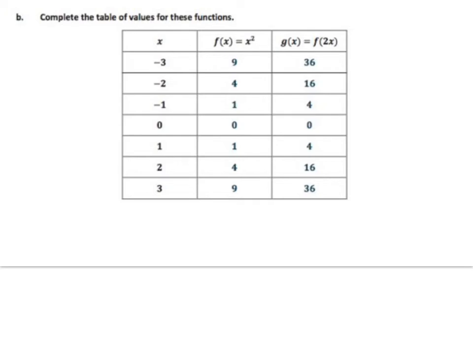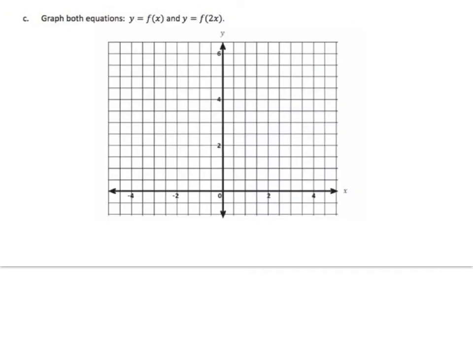And now, amazingly enough, we're going to graph these. Notice I'm all on the positive y-axis. So graphing these, I'm going to graph g of x in purple and f of x in red. So f of x equals x squared. Go back to my chart.